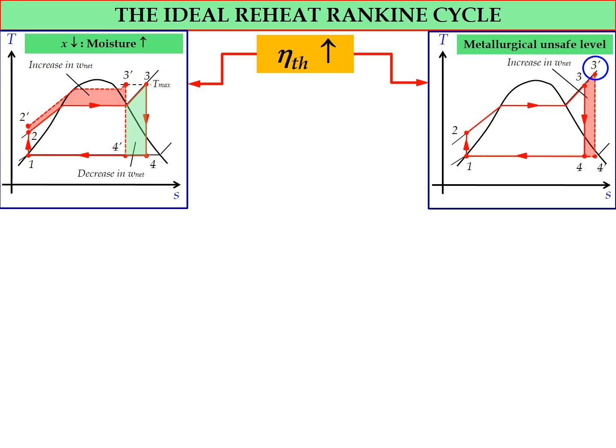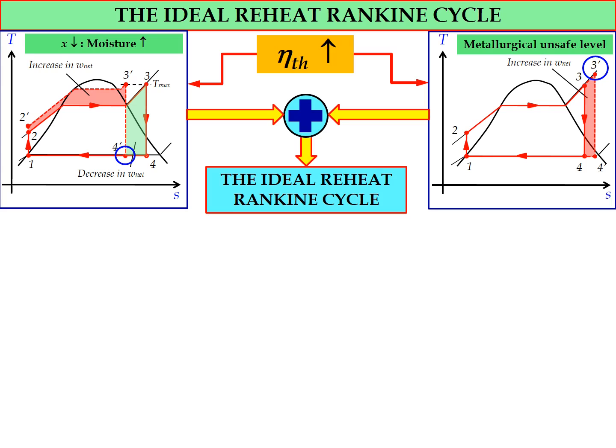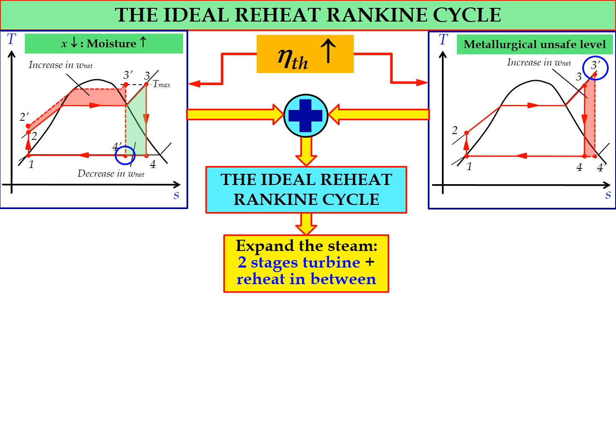Okay, so now if we combine both methods, first the superheating of the steam and also the increase of the boiler pressure, the combination of these methods we call the reheat Rankine cycle. So now we will discuss the ideal reheat Rankine cycle, where we need to expand the steam during the expansion process using at least 2 stages of turbine, and in between we need to have a reheating process.